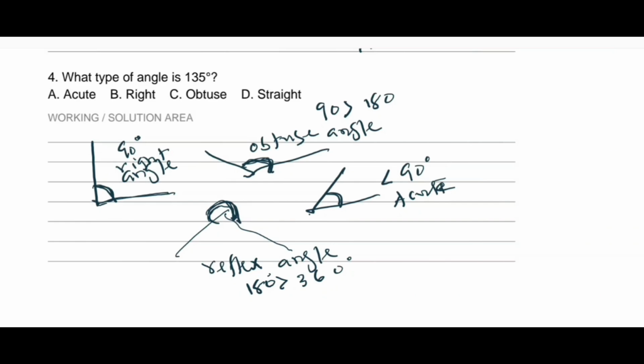Then this one is equal to 90 degrees. And then this one is less than 90 degrees. This one is more than 180 degrees, but less than 360 degrees. So now, having explained the types of angles, what type of angle do you think 135 degrees will be?